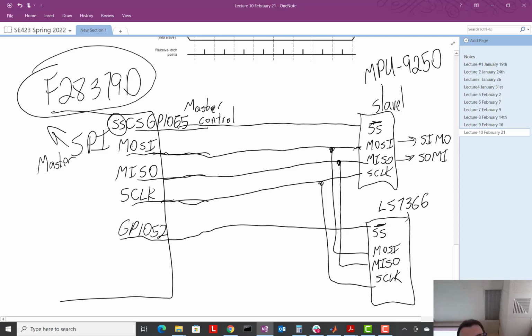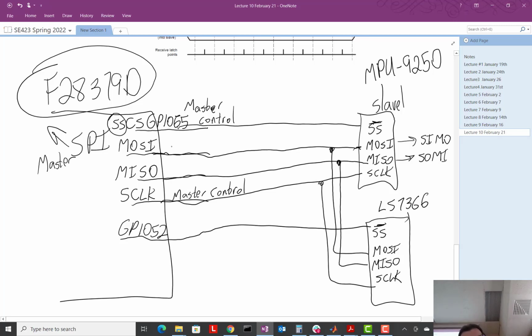The master also controls the clock. Okay? So he's the only one that can produce the clock. So the only way data gets going to the slave is by the master sending something to the slave.